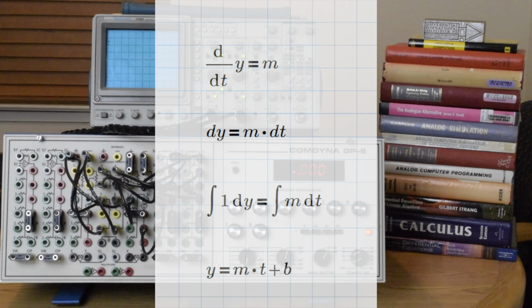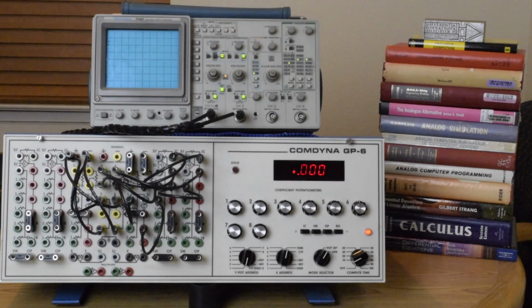equals m times t. But in calculus, we know that anytime you perform an integration, you need a constant of integration, which is typically labeled c, but in this case, I'll label it b. And that's because now the solution to this differential equation is actually y equals mt plus b. And in basic algebra, we learned that y equals mx plus b.